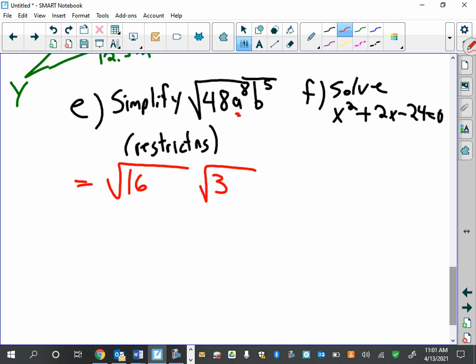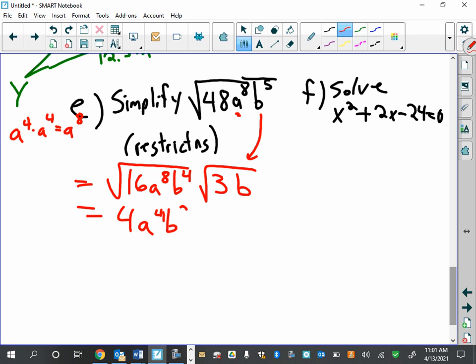And a to the 4th is actually, or a to the 8th is actually a perfect square, because a to the 4th times itself 2 times equals a to the 8th. Okay, so there's no leftover a part, but there is a leftover b part, because b to the 4th is b squared times b squared, but you have 5 b's, so 1 b has to go there. Now you square root all these, you get 4a to the 4th, b squared, and funny looking answer, but it's the right funny looking answer.